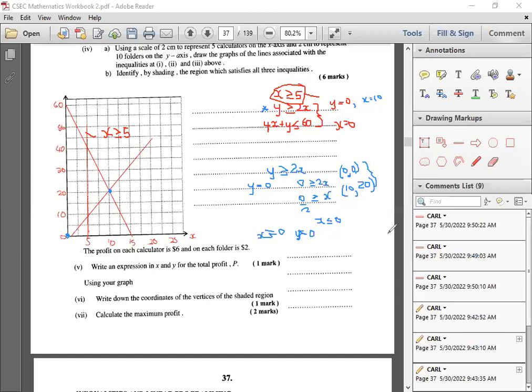X equals 0. What is y as it relates to the third constraint?